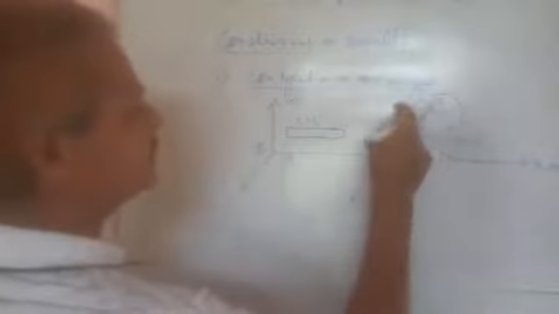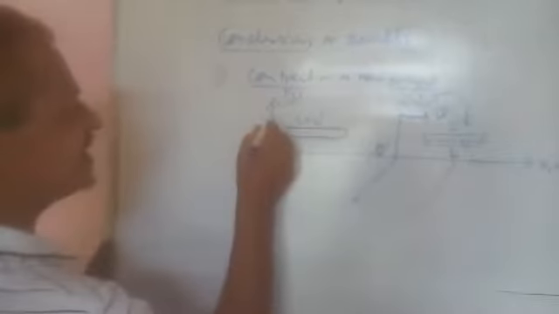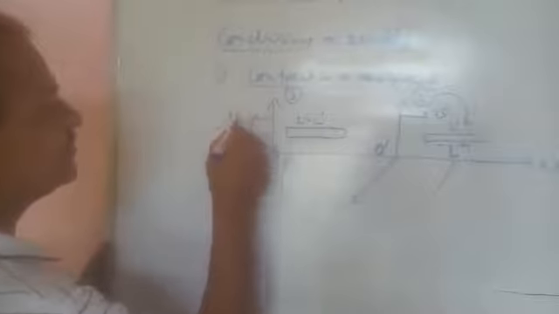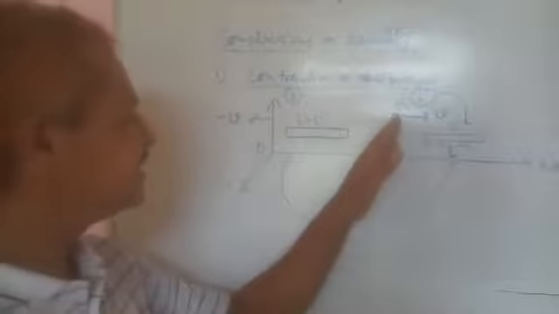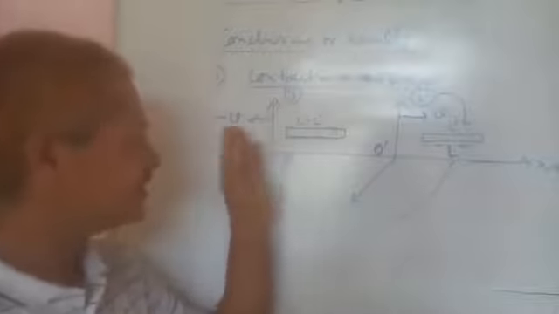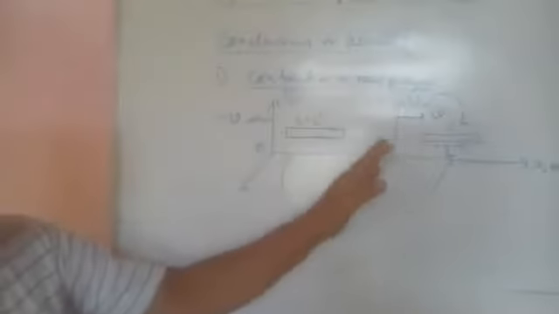Yes, contraction, because it is traveling with velocity V with respect to one frame, but with respect to the other it is traveling with velocity minus V, in the opposite direction. O dash is stationary and O is moving, so with respect to O dash, O is moving with minus V.